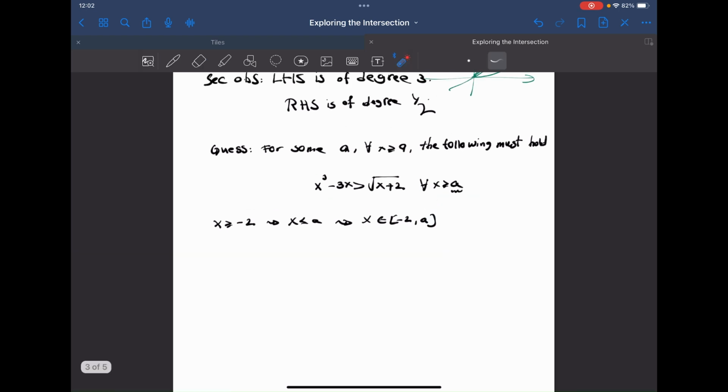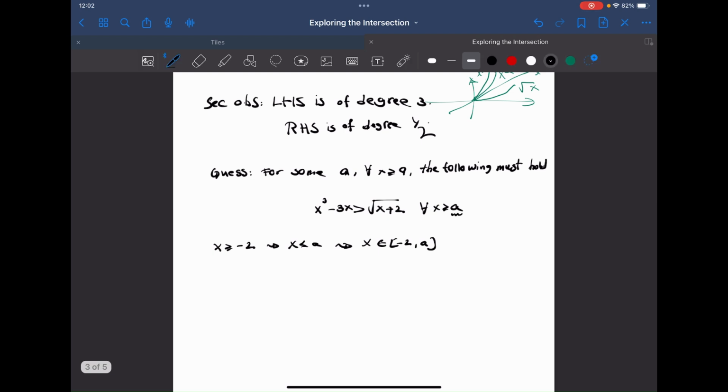So what's a good value for A? Let's just look at what we have here. X to the power 3 minus 3x and root of x plus 2. For x equal to 1, the left-hand side is negative and the right-hand side is positive. So I cannot have this inequality for x equal to 1. What about x equal to 2?